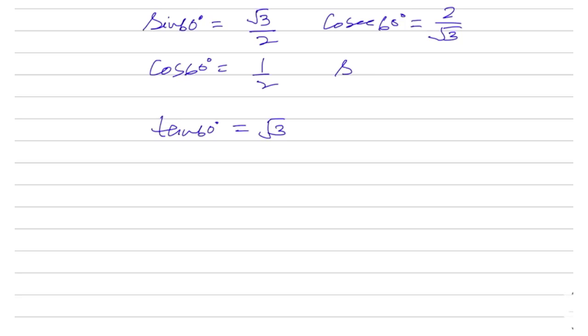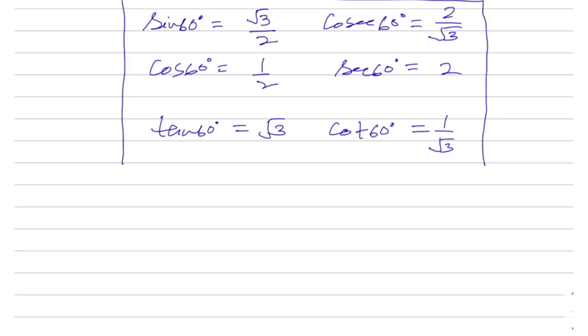Sec 60 degree is equal to 2, and finally cot 60 degree is equal to 1 upon root 3. So these are the values of 60 degree.